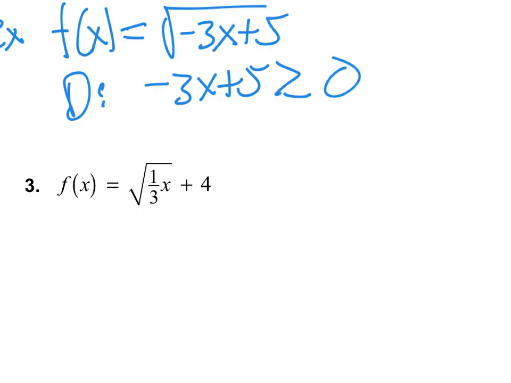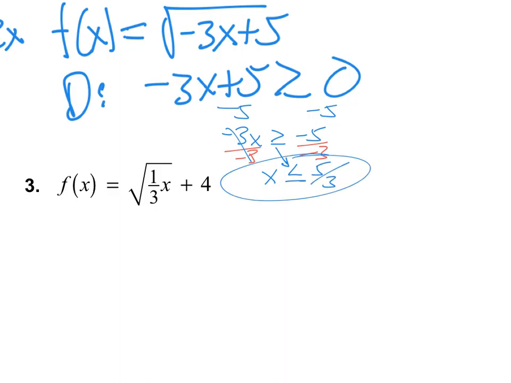We can subtract 5 from both sides, and we have negative 3x is greater than or equal to negative 5. Now you see what we want to do. We want to divide by negative 3. Those cancel. But what happens to an inequality when you divide by a negative? It flips the sign. Don't forget that. And negative 5 divided by negative 3 is 5/3. So x would be less than or equal to 5/3. That would be our domain.